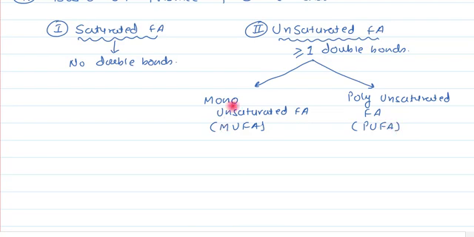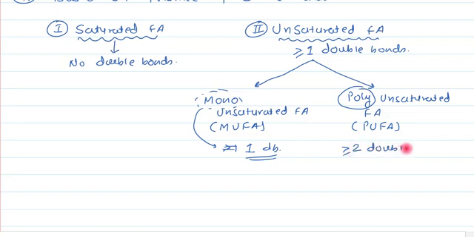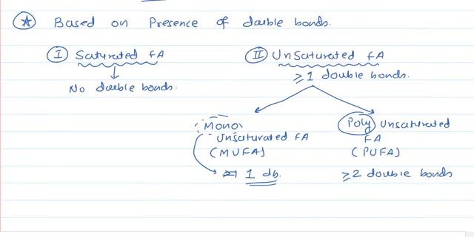In monounsaturated fatty acid, the word mono means exactly one double bond is present. In polyunsaturated fatty acid, poly means more than or equal to 2, so 2 or more double bonds are there. So this classification is based on the presence of double bonds.